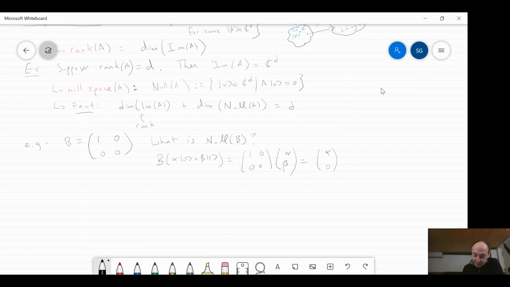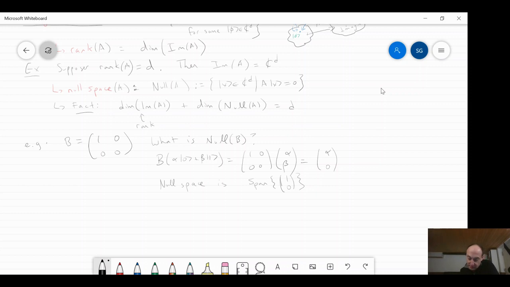Okay, so what is the null space? The null space is just going to be the span, technically, of ket 1, and then you can multiply by whatever scalar you want.